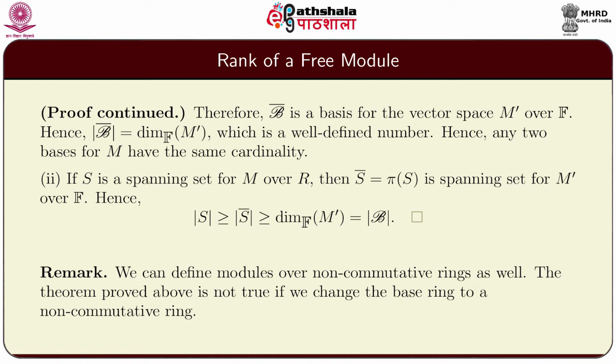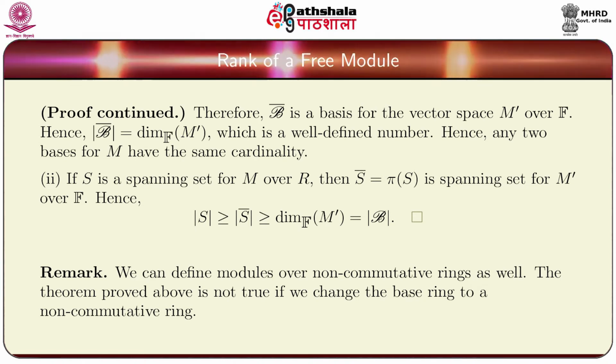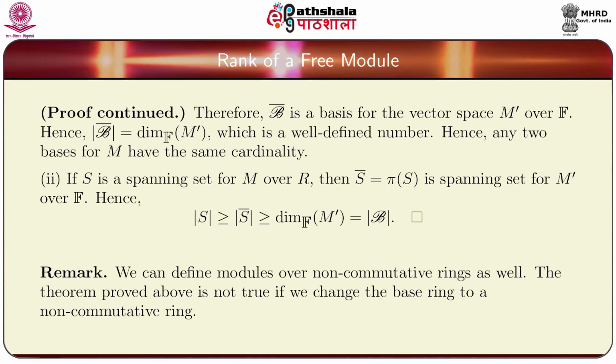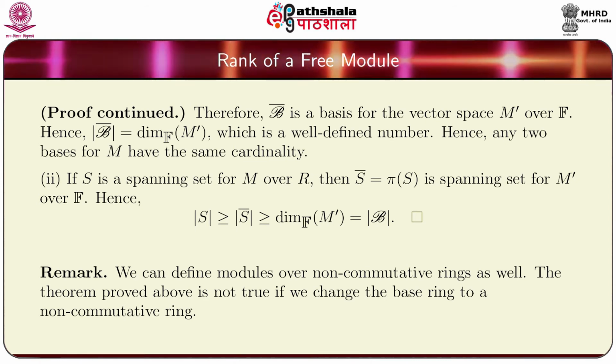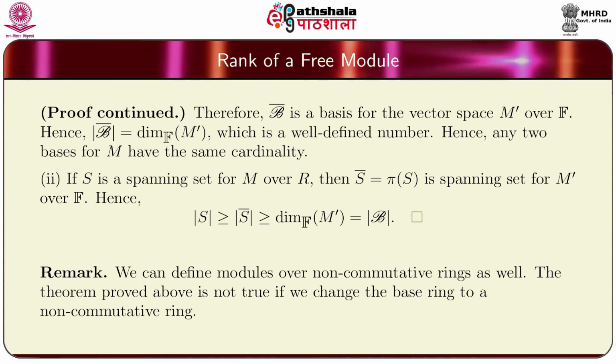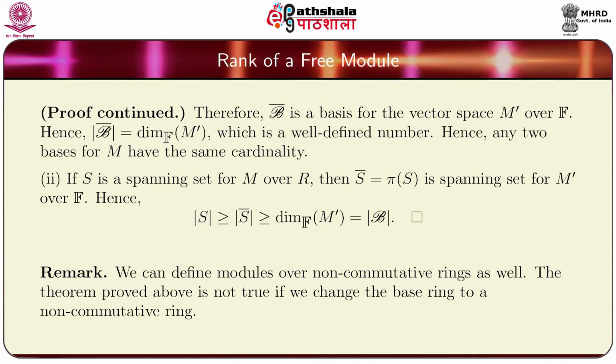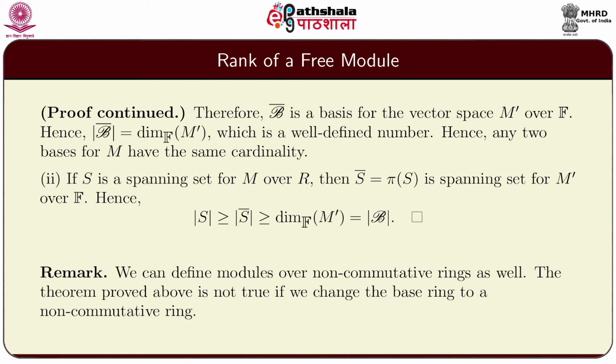Proof of part 2. If S is a spanning set for the module M over R, then S bar, which is pi of S, is also a spanning set for the module M dash over F. This we have seen just now when we proved that B bar spans M dash.